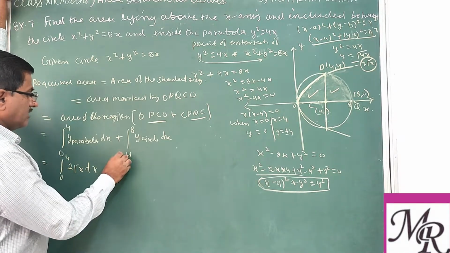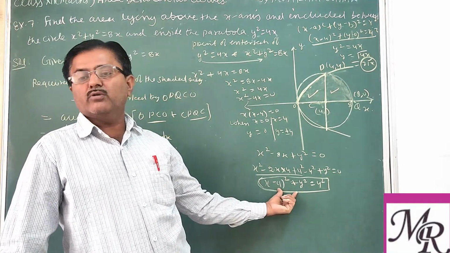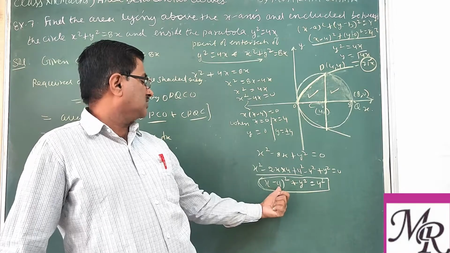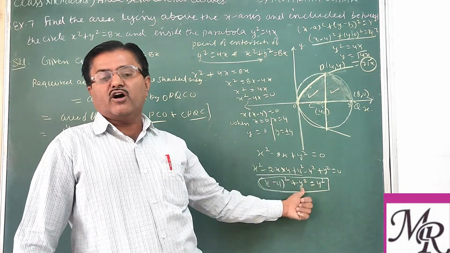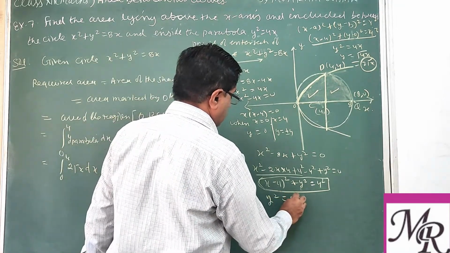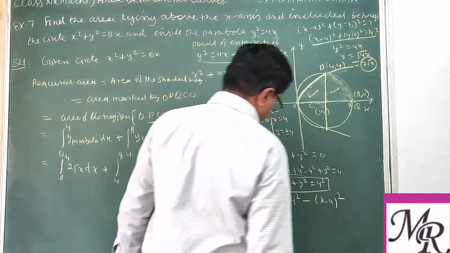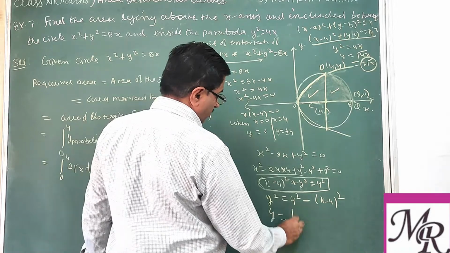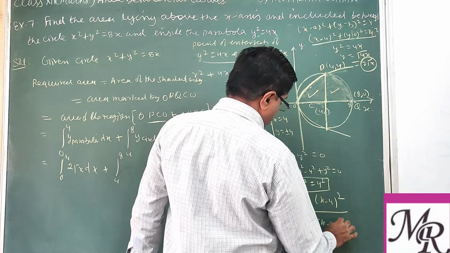Now for the second, you also find y from here. A standard formula: (x minus 4) whole square plus y square equal to 4 square. From this we find the value of y. So y square equal to 4 square minus (x minus 4) whole square, or taking root, y equals root of 4 square minus (x minus 4) whole square.